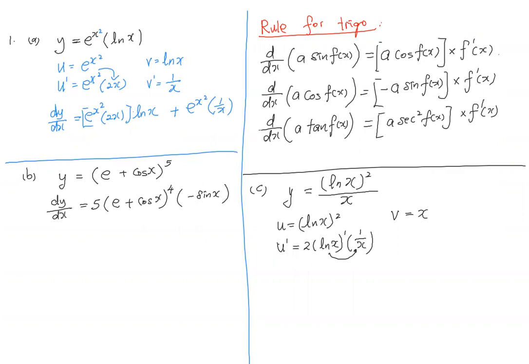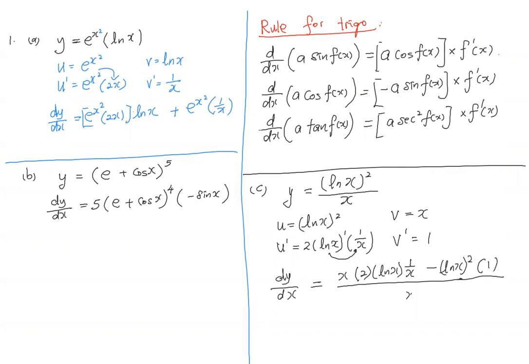So v prime is 1. You write all these extra steps, it doesn't mean you will get marked, but it will help you. So for those who need to write the steps like that, you go ahead. We follow v u prime, take away u v prime, the whole thing over v squared. Because the question says you don't have to simplify, you can just write it like that. That's it. You get your 3 marks.